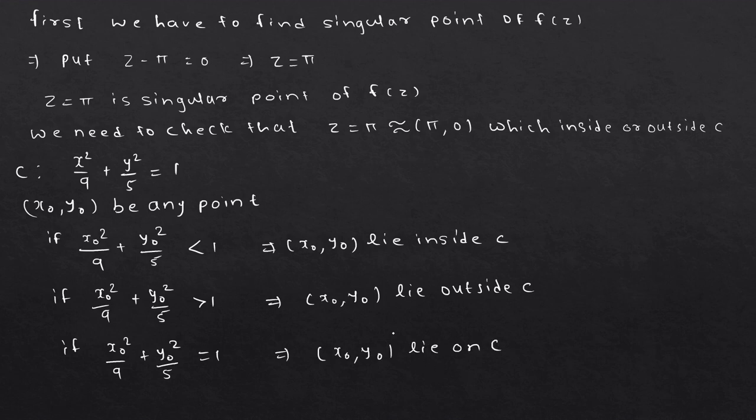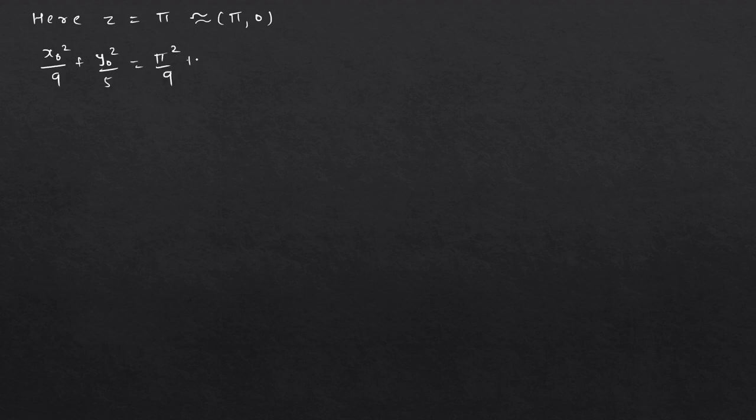Now, here z is equal to pi, which is similar to pi comma 0, correct? So x0 square upon 9 plus y0 square upon 5 is equal to pi square by 9 plus 0 square by 5, which is pi square by 9, and it is strictly greater than 1.